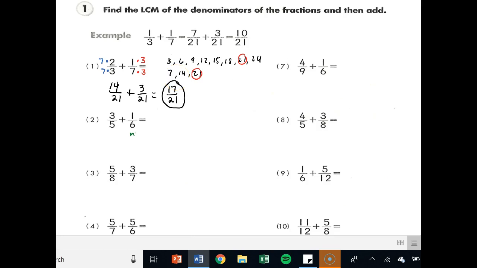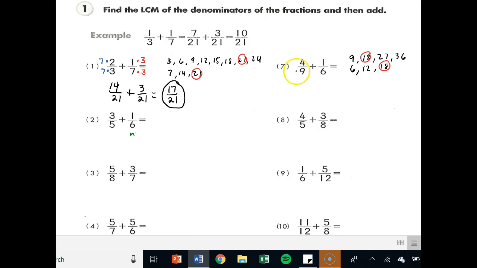Let's do number 7. All right? So list my multiples of 9. List my multiples of 6. 9, we've got 9, 18, 27, 36, 6, we've got 6, 12, 18, I can stop because 18 is my least common multiple.